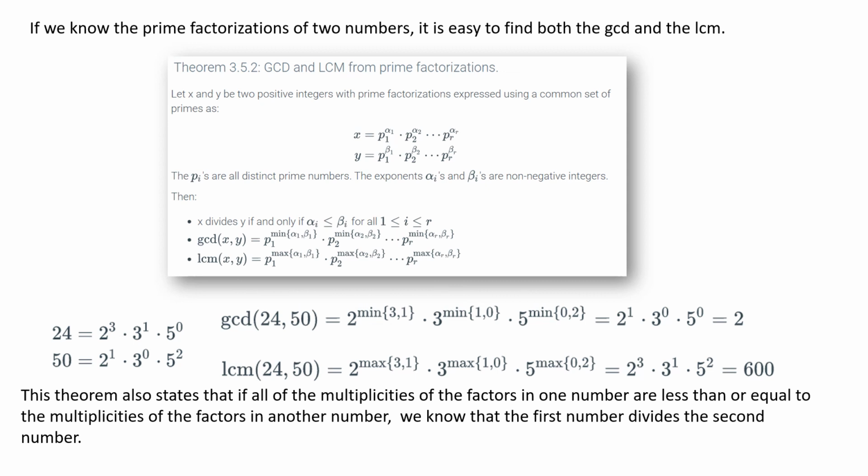That's that other point there, that besides finding the GCD and the LCM here, we can also tell if one number divides the other. And in this case, we have to say no. Since sometimes the exponents are larger than in the other number and sometimes they're smaller, neither one divides the second.